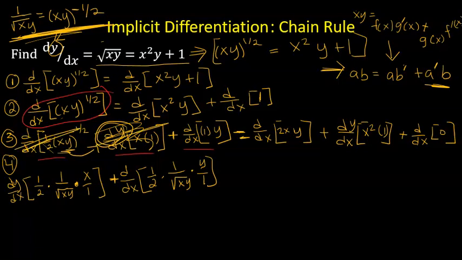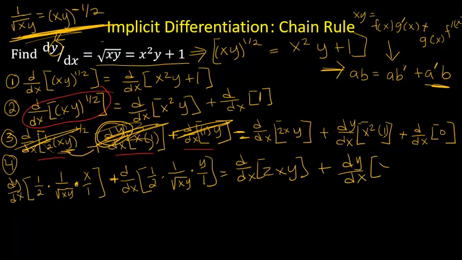So we got rid of that, we got rid of this, we got rid of that. We're going to do the equal sign. We're going to do d dx 2xy plus dy dx, which is x to the second, and we can leave this out because it's a 0. We're not going to mess with it. Great, perfect. So we already distributed everything, right?